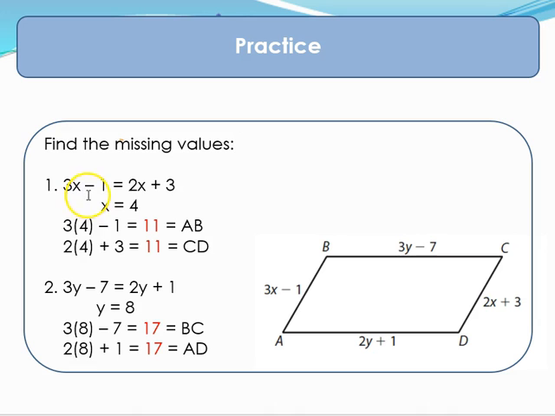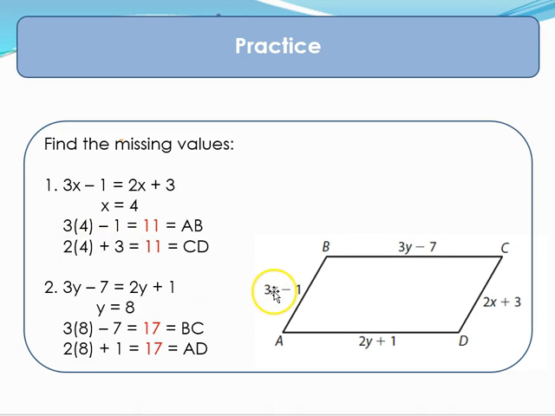And by doing algebra, we set 3x minus 1 equal to 2x plus 3, and the answer is 4. X was 4.